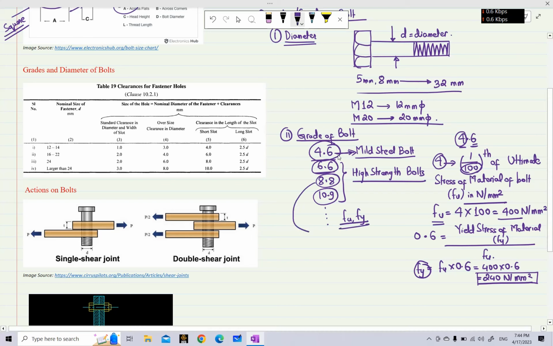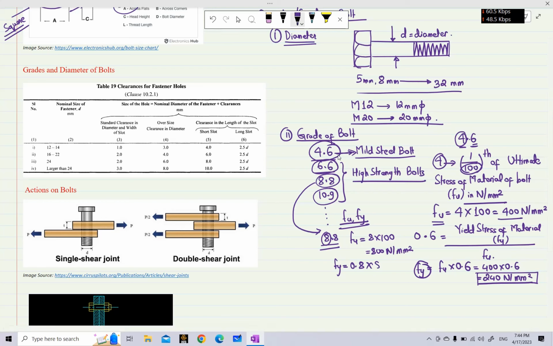For example, if you take this 8.8 grade bolt, the ultimate stress of material is this first 8 into 100, which is 800 Newton per millimeter square, and the yield stress is 0.8 into 800. This comes out to be 640 Newton per millimeter square. So in this way, these are the different grades of bolt, and we looked at what each number in this bolt represents. So 4.6 grade bolt is a mild steel bolt, the remaining are high strength bolts.